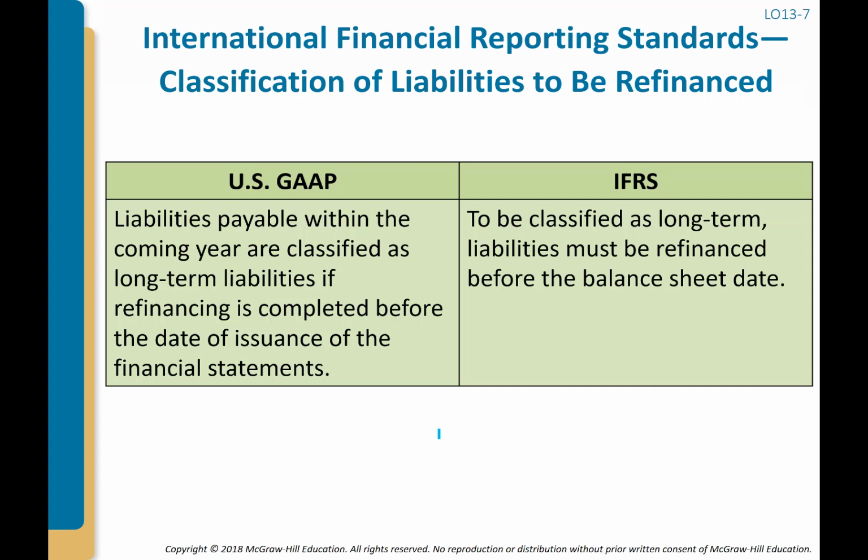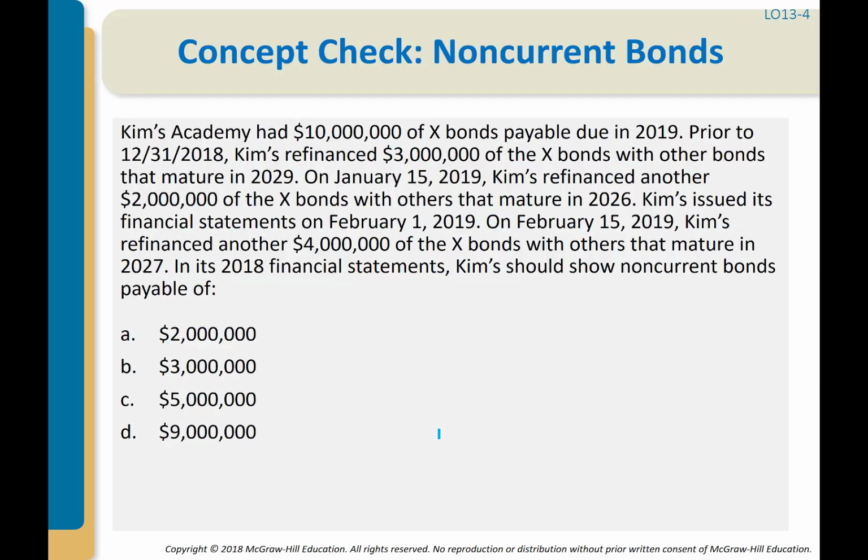So in both of those cases, IFRS would have shown the whole 12 million still as what? Plus the 4 million on the bonds is all current, right?